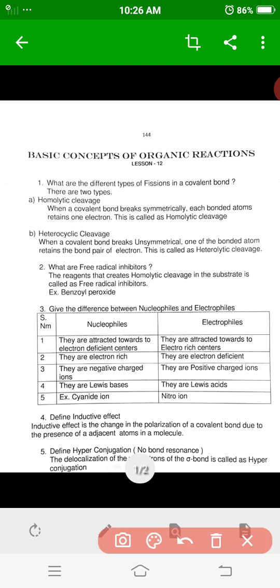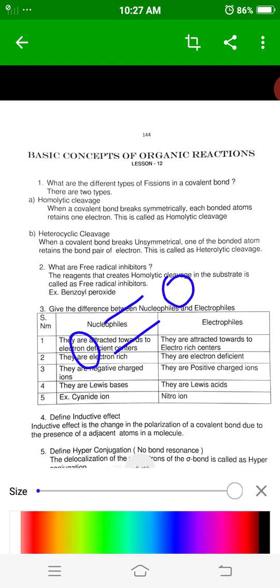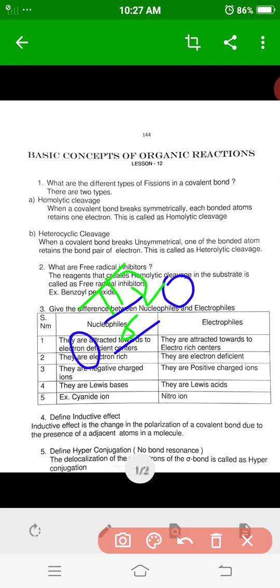Example: a double bond to oxygen, where one is a sigma bond and the other is a pi bond. The sigma bond electrons are delocalized into the pi bond, which is hyperconjugation.